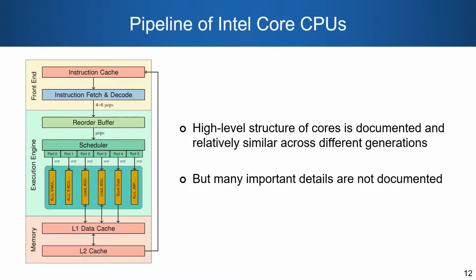At such a high level, the structure of the pipelines of Intel Core CPUs is well documented and relatively similar across different CPU generations. However, many of the details that are necessary for accurate throughput predictions are different between different generations, and many of them are unfortunately undocumented.